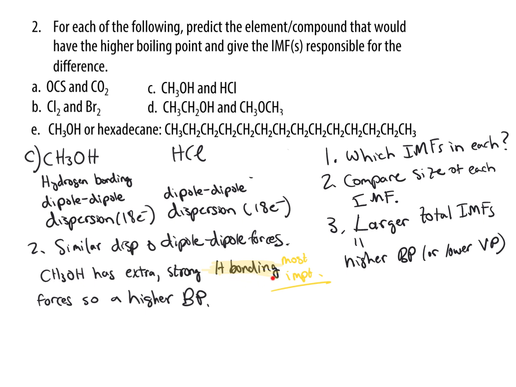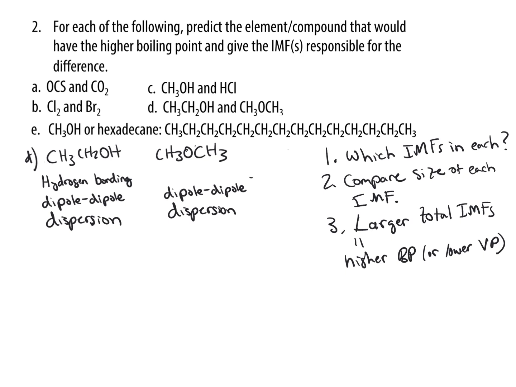In this case, hydrogen bonding is very strong, and that's going to cause CH3OH's boiling point to be quite a bit higher. But you should remember to always check those other forces too. For D, our analysis looks basically the same as C. CH3CH2OH has these extra hydrogen bonding forces compared to CH3OCH3.